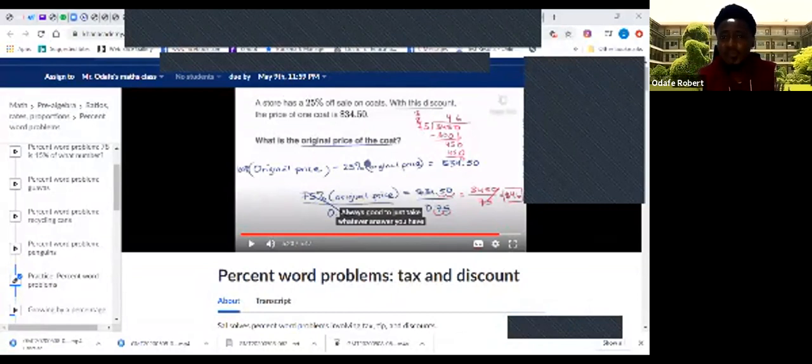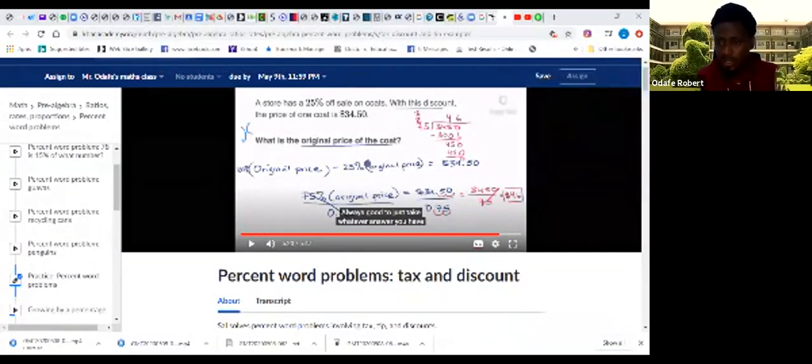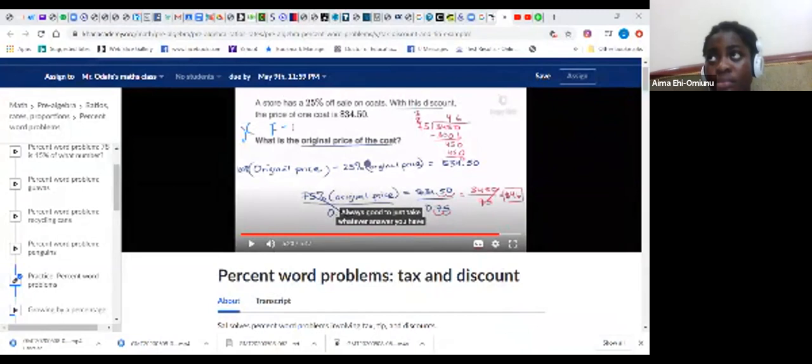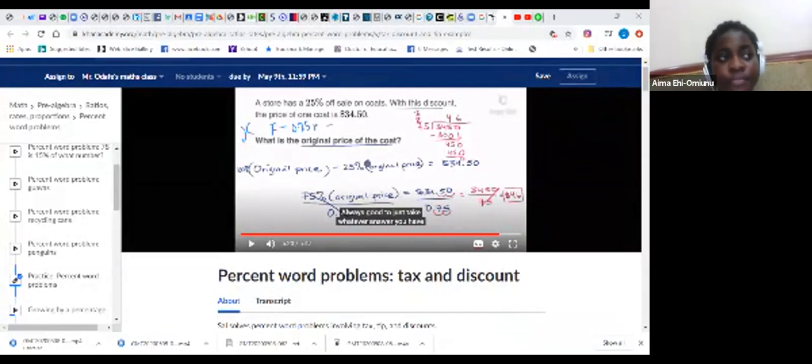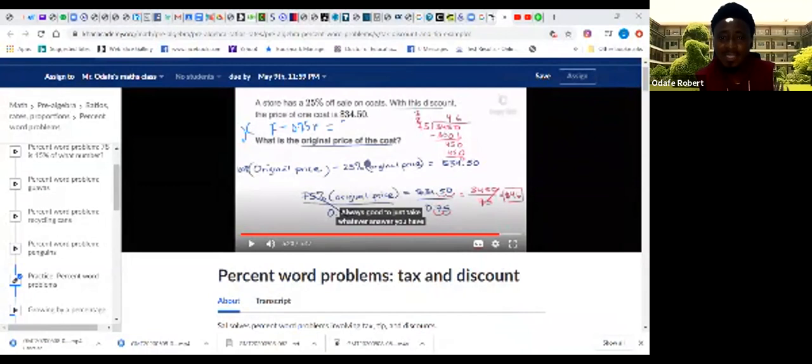Meaning that if the original price is X, since I'm taking 25% off my original price, all I need to do is subtract 25% of X from X. So I will have X minus 25%, which is the same thing as 0.25x, and this will be equal to the discounted price, which is what? 34.5.